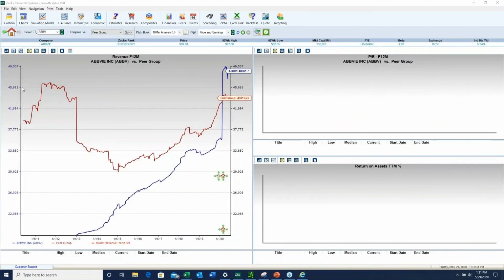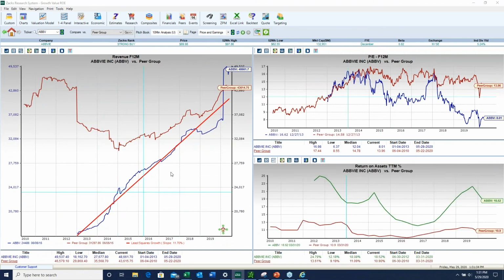So I like to look at what's been the growth rate and what's been the efficiency of the company. For a company that has a stable and mature business like AbbVie, I like to look at exactly that. So you can see here that AbbVie has had roughly an 11% revenue growth at the top line. You can see that right here versus the peer group.